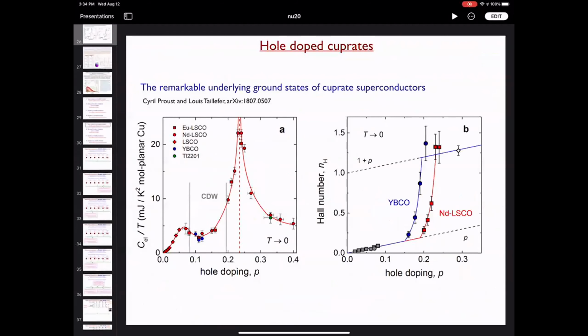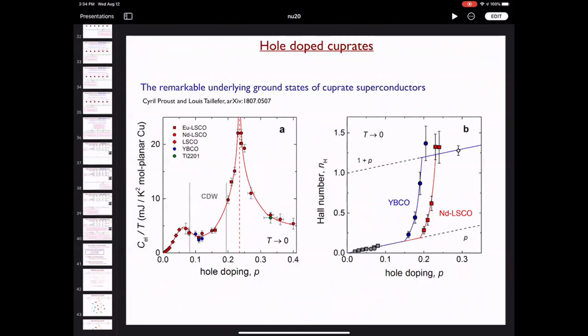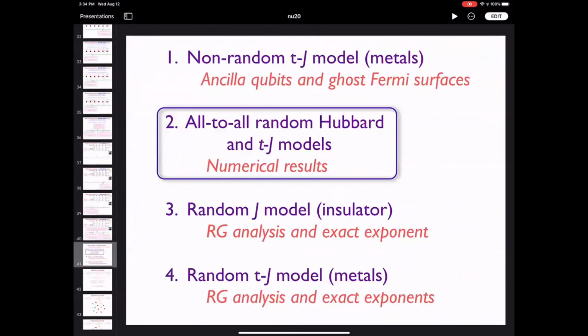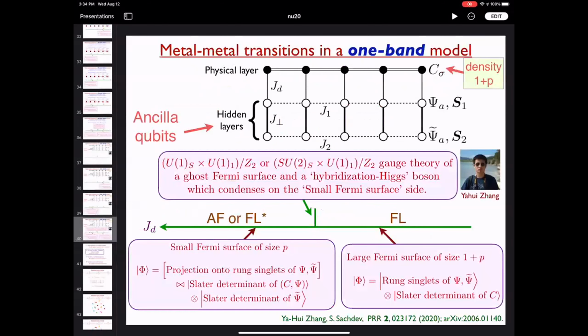All right, so now let me go to the random problem. We've looked at a relatively realistic problem, and it leads to some rather complicated gauge theories that I've mentioned over here.